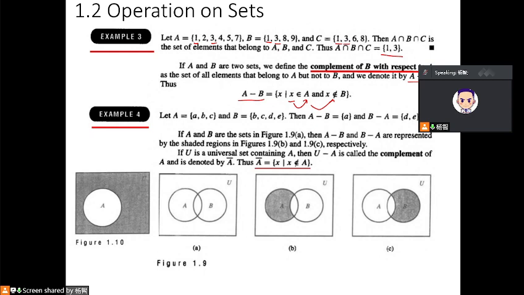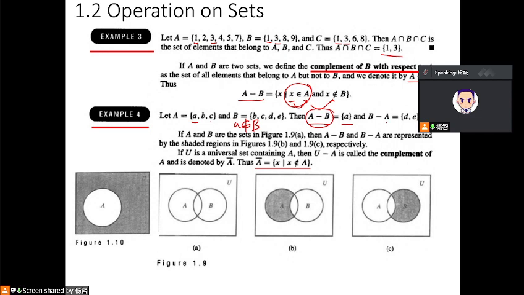A minus B, the complement of B with respect to A, is a set with only the element A, because A belongs to A and does not belong to B. But B belongs to A and also belongs to B, and C belongs to A and also belongs to B. So only one element, A, satisfies A minus B.